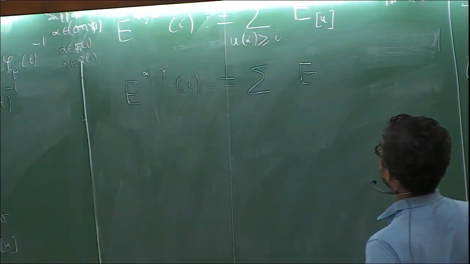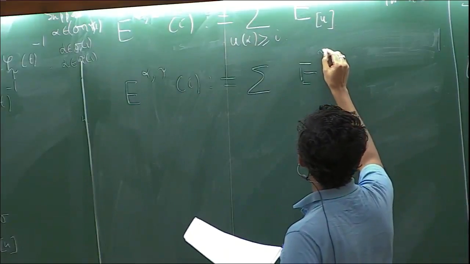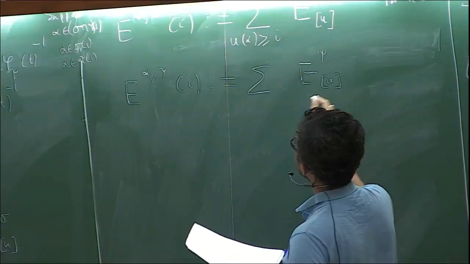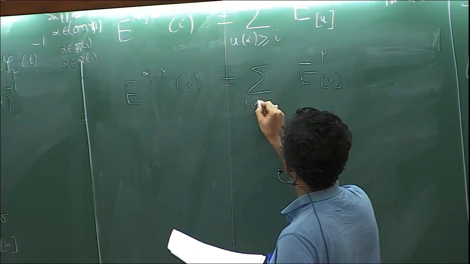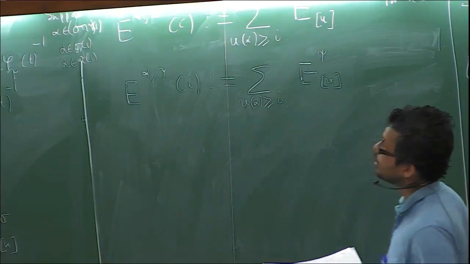Similarly, E alpha tau of I you define to be E tau of V such that V alpha is greater than or equal to I.